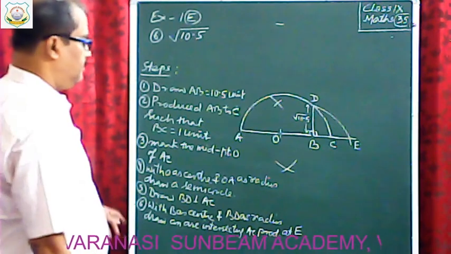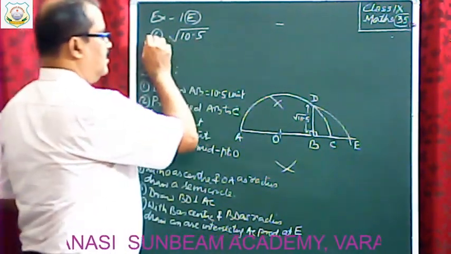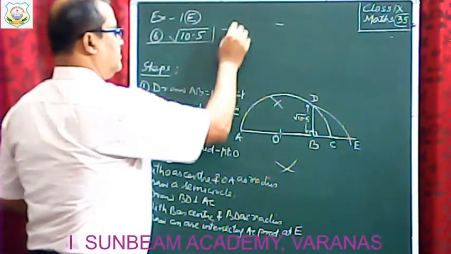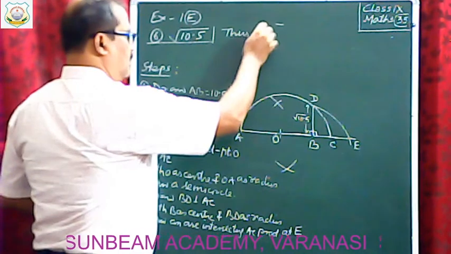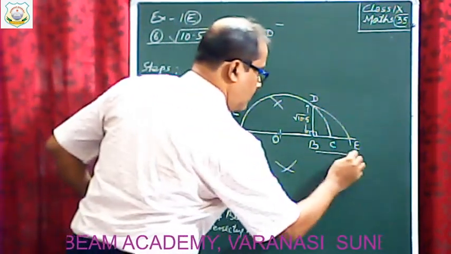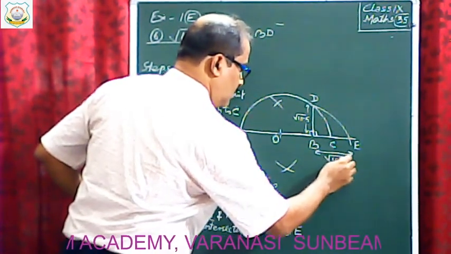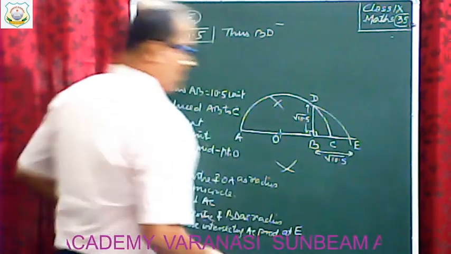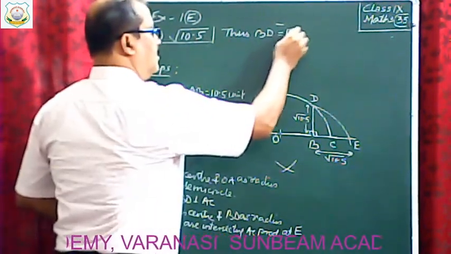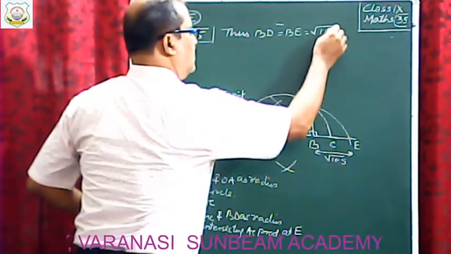Okay, thereafter, no space, so I am writing here. Thus BD equals BE, since taking the same radius you have drawn the arc. That's why BD equals BE equals square root 10.5.